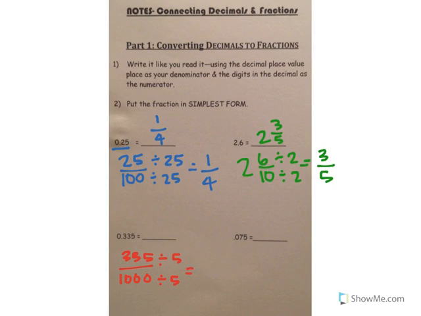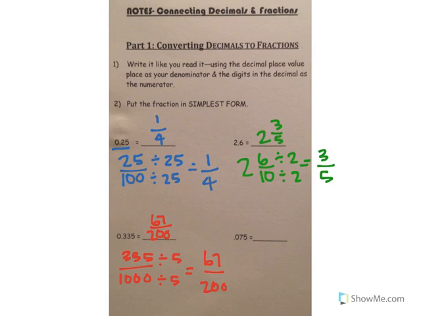Well, 335 divided by 5 is 67, and 1,000 divided by 5 is 200. So the fraction equivalent of 335 thousandths in simplest form is 67/200.